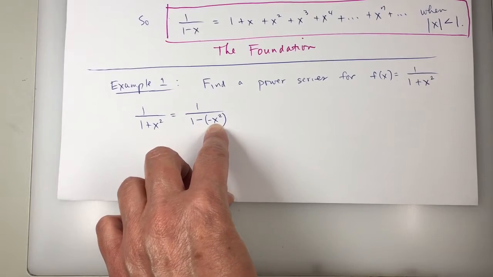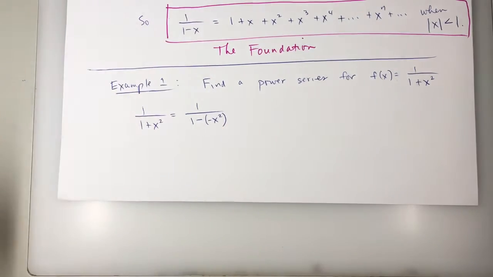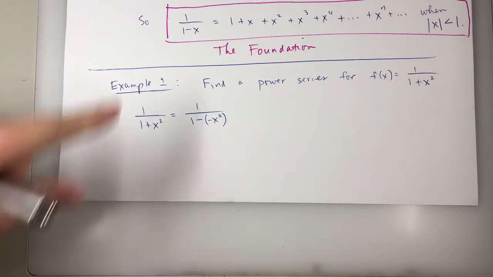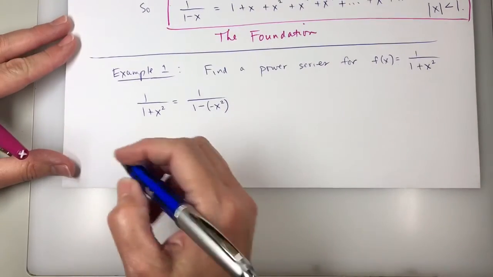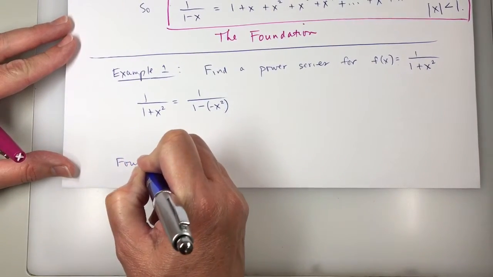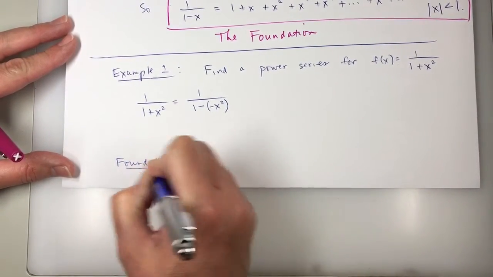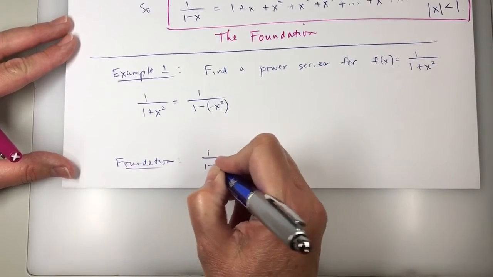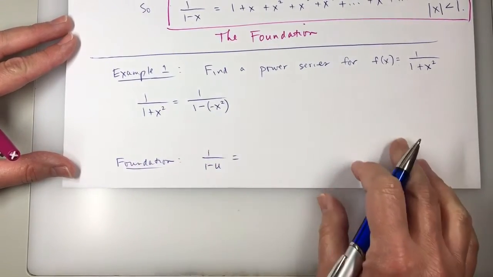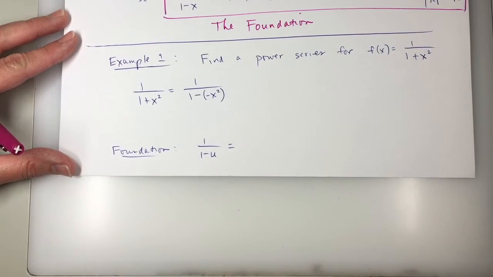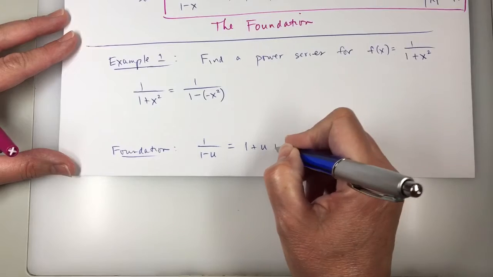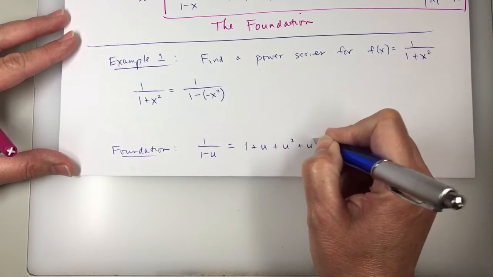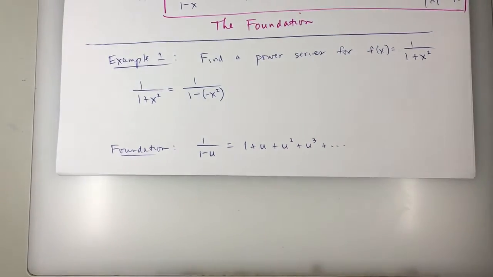And then I can say, actually the foundation, maybe I should have said it this way. You know, it's written with x, but here's what I kind of want to do. I'm going to write it again at the bottom. Foundation. How about if I use a u? 1 over 1 minus u equals 1 plus u plus u squared plus u cubed plus dot dot dot.